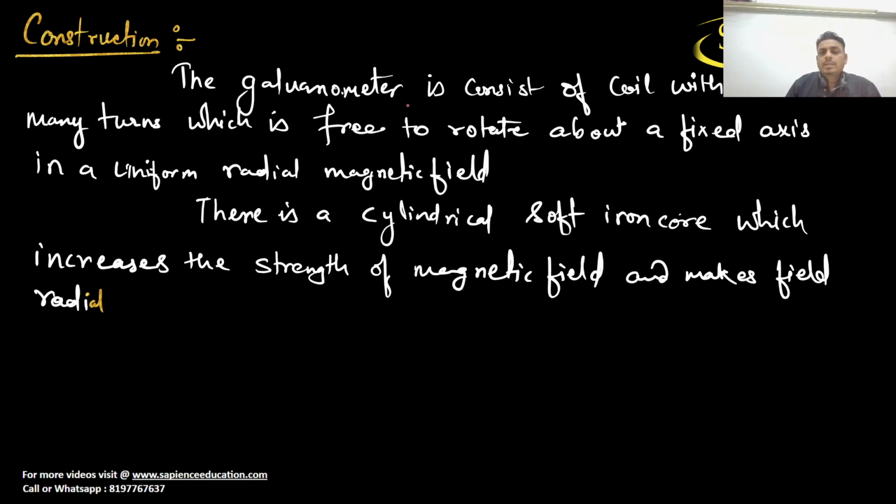The galvanometer consists of a coil with many turns, which is free to rotate about a fixed axis in a uniform radial magnetic field. There is a cylindrical soft iron core which increases the strength of the magnetic field and makes the field radial.